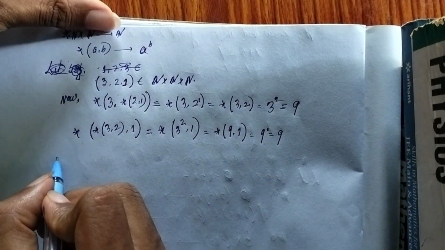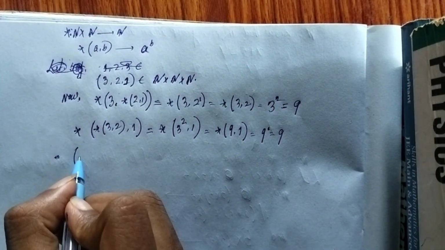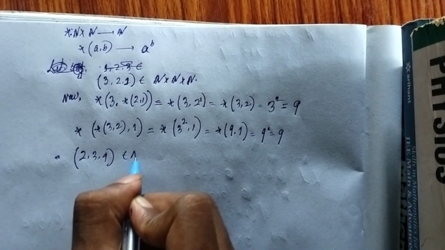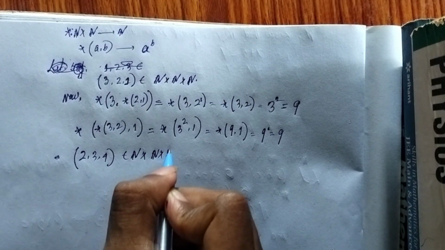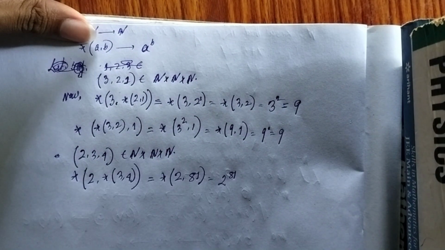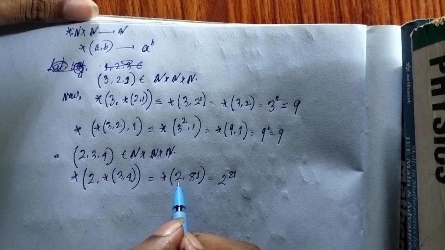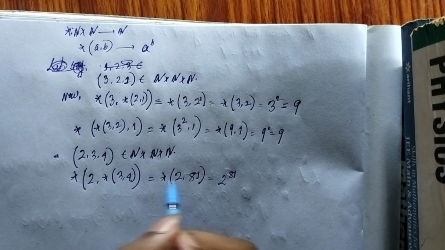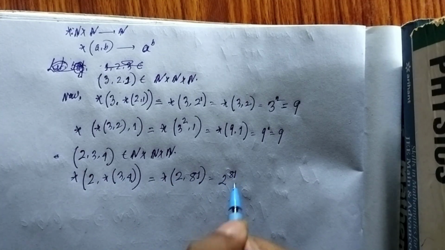Now let us take another example. Let's say (2, 3, 4), randomly chosen, which also belongs to this set. Let us see whether this is associative or not. This is going to be 2 star (3 to the power 4), that means 2 to the power 81. I am not calculating this.